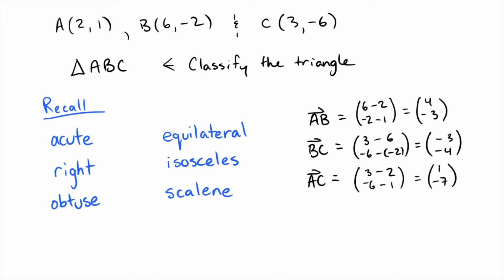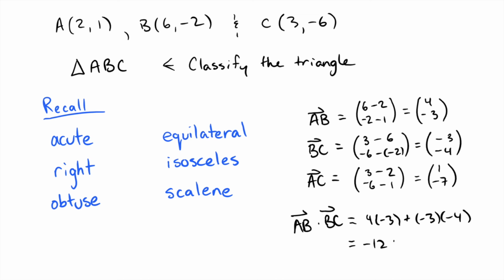Now what's really important is to see, are any of these vectors perpendicular? That will allow me to determine whether the triangle is an acute triangle, a right triangle, or an obtuse triangle. So let's start by taking the dot product of AB and BC. That would be 4 times -3 plus -3 times -4.